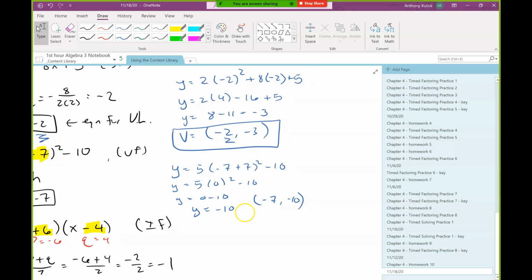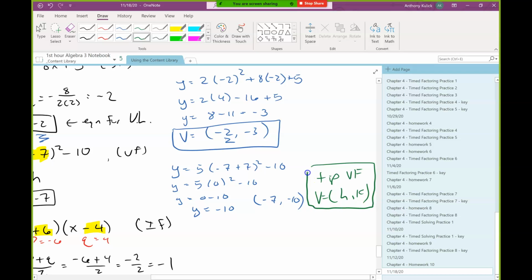A little tip here. In vertex form, the vertex is always h comma k. Remember where this was k. So you can shortcut through actually even plugging the h in. I mean, you can still do that and it's fine.